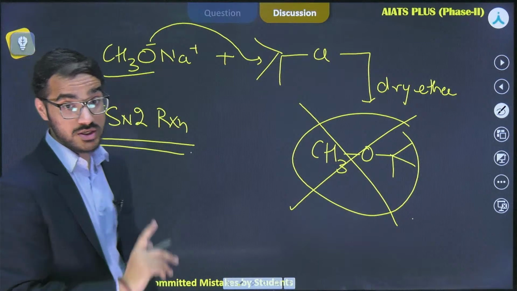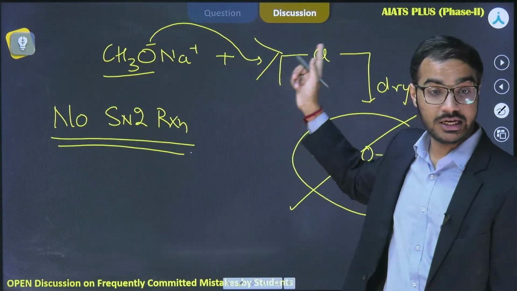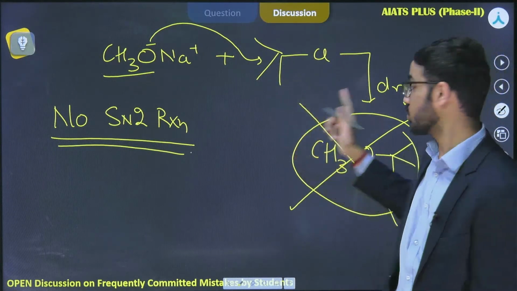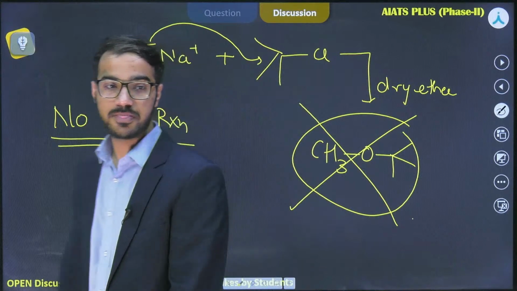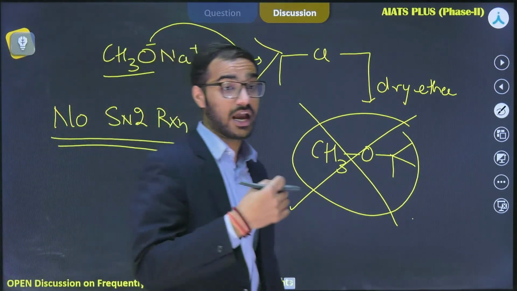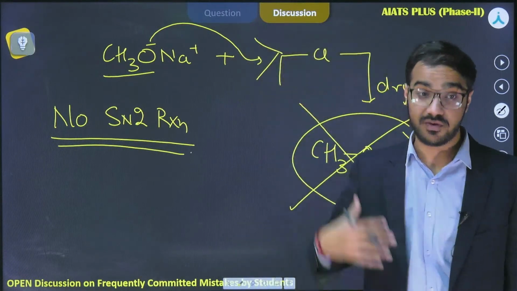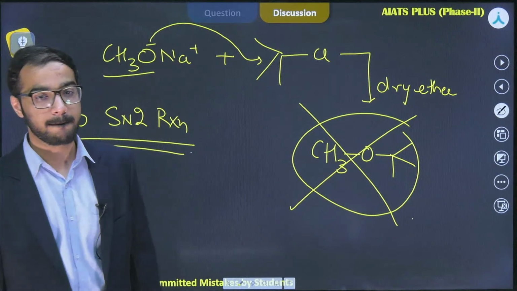If there is no SN2 reaction, this will not attack this hindered haloalkane. So this can't be the case. Is it clear? So what will be the case? You will directly get an alkene, or we can say that the elimination product must be favored in that kind of reaction. Is it clear?